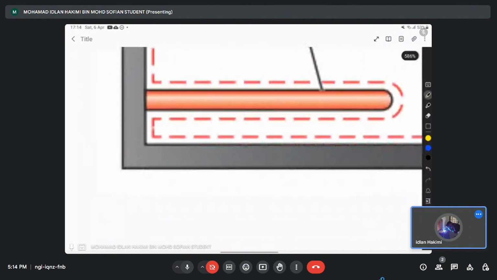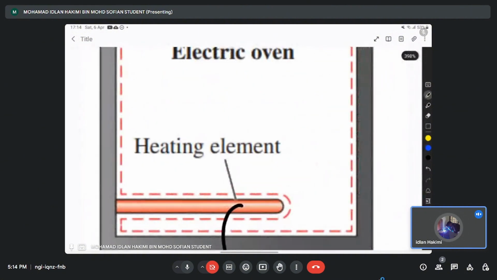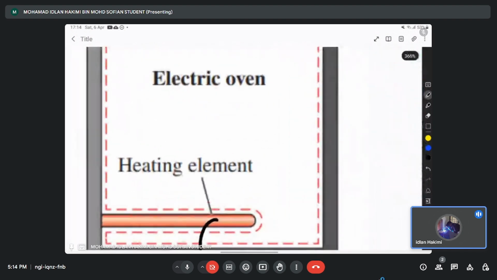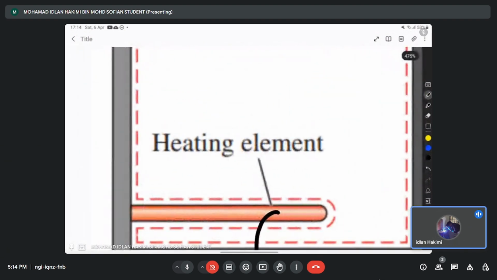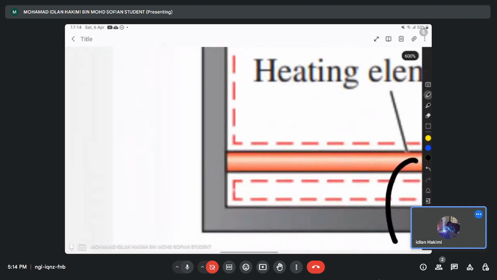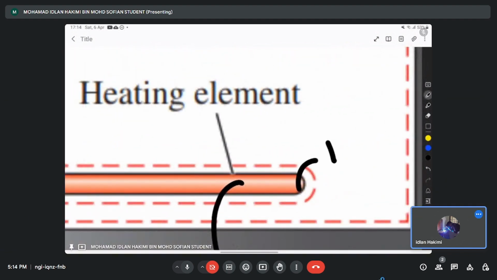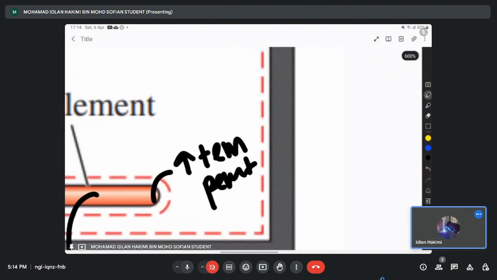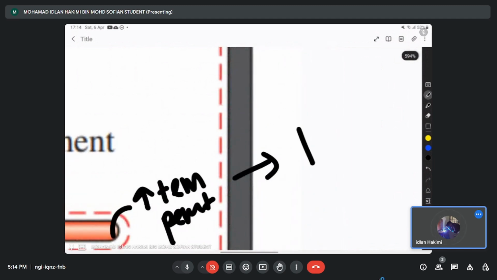So for example, this is the heat, this is the surroundings and this is the system. The heat transfers from a high temperature to a low temperature.